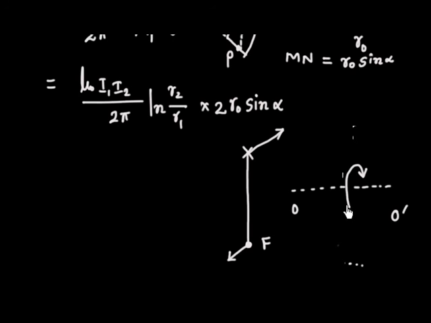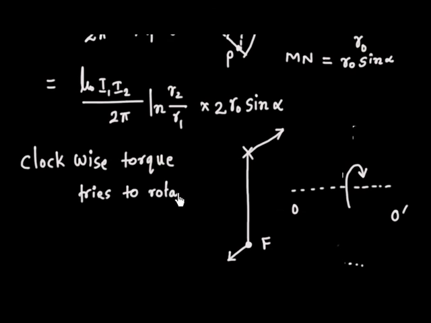You see, here you have 12 o'clock, then 1, 2, 3, 4, 5, 6, again 12 o'clock. So this is clockwise. So you have a clockwise torque, and this torque is basically trying to rotate the loop.